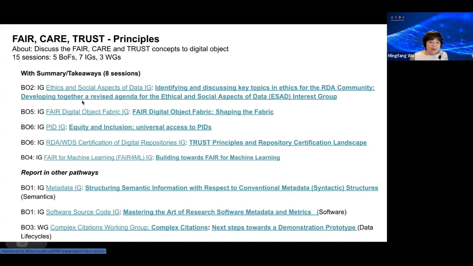So as you can see, we have 8 sessions in this pathway. Here I will report the top 5. The other 3 sessions will be reported in other pathways.